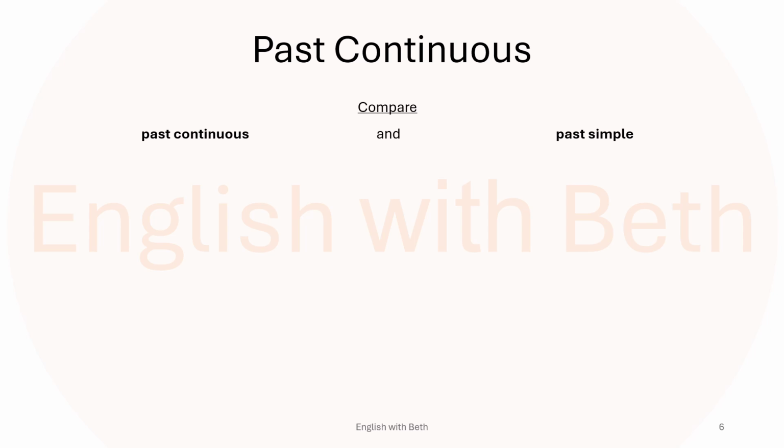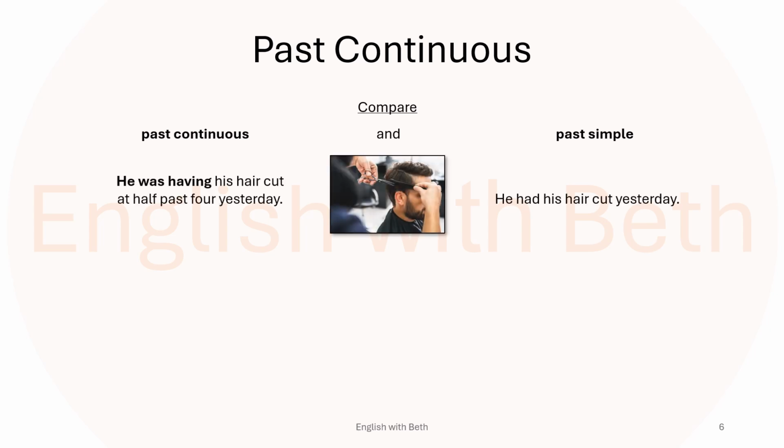Let's compare how we form past continuous and past simple. So here we have he was having his hair cut at 4:30 yesterday. You can see the subject plus was plus the verb and ing.